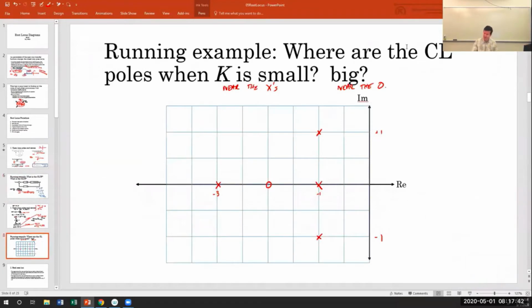So there are 4 closed loop poles, and there are also 4 open loop poles. That's nice. It didn't have to be that way, but it is in this case. There's only 1 open loop 0.